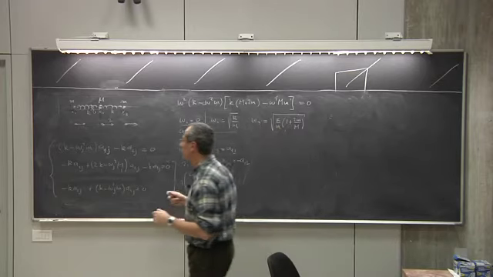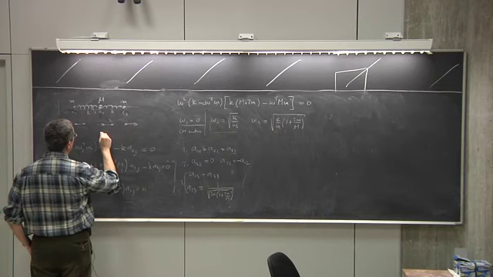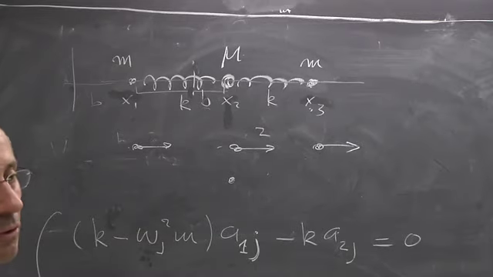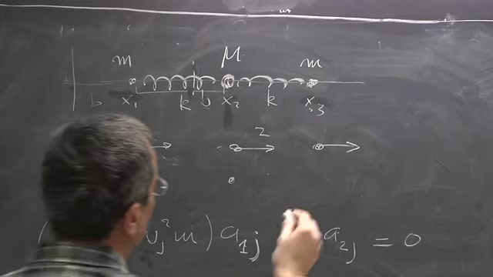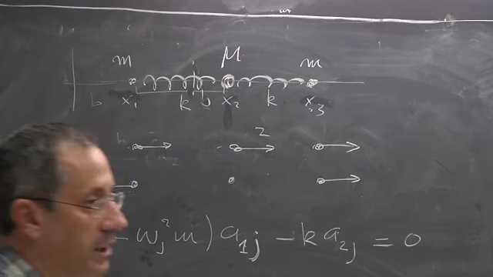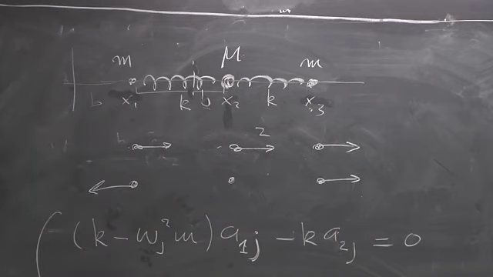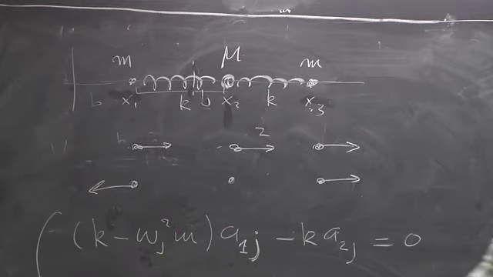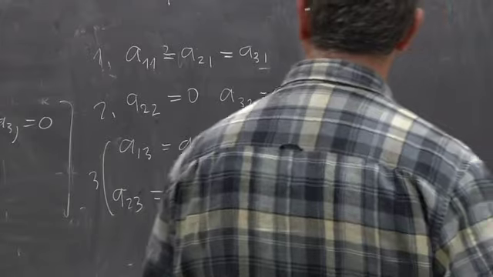So what is this motion? A22 corresponds to the motion of the big M, so that's 0, so it's not moving. And the other two guys, they are moving in the opposite direction. So this is the motion like this, right? How about the third one? The third one is similar, right?